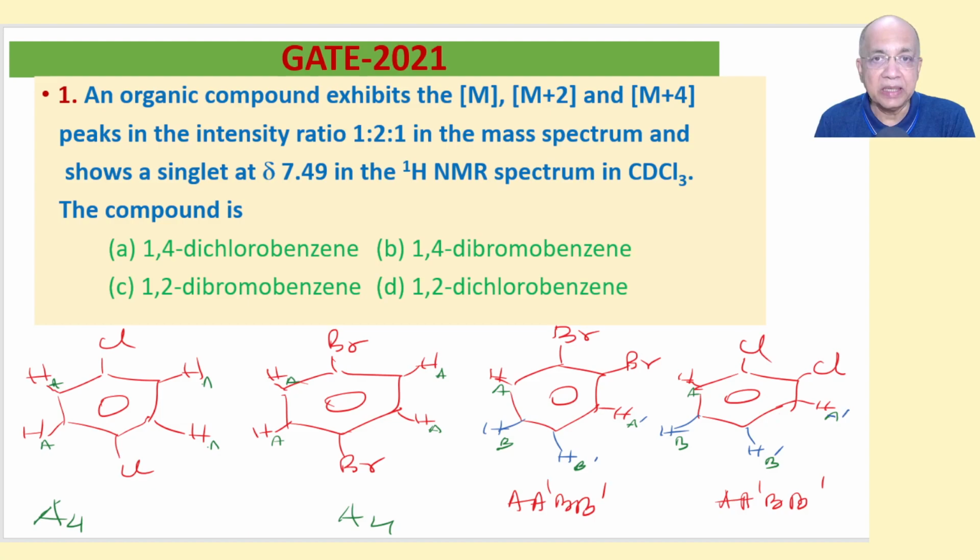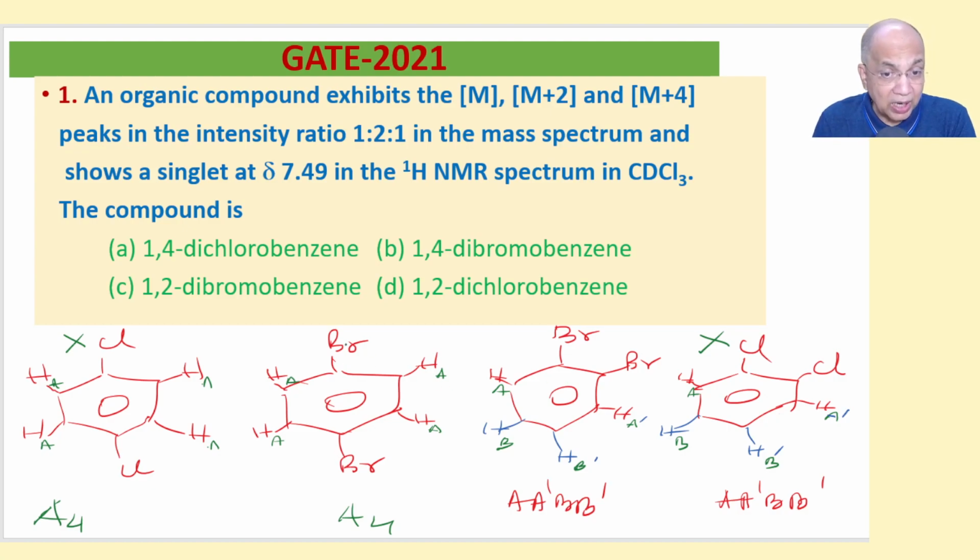So we eliminate these 2 possibilities in our problem. This is ruled out. This is ruled out. We have 2 bromine atoms. Whether we have para dibromo or ortho dibromo will be indicated.